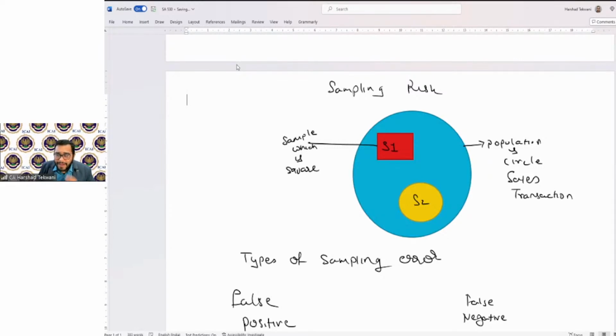Let's say this was sale to top 10 vendors. This was, let's say, random sale selection.